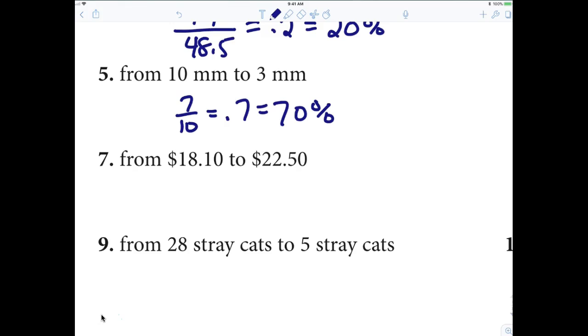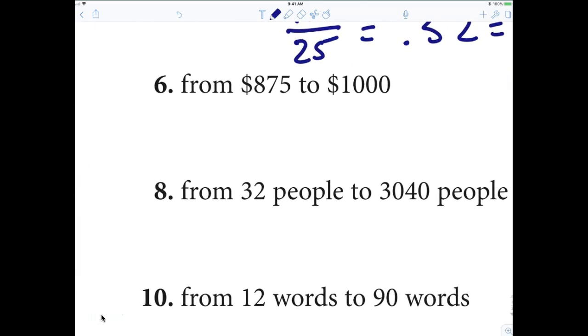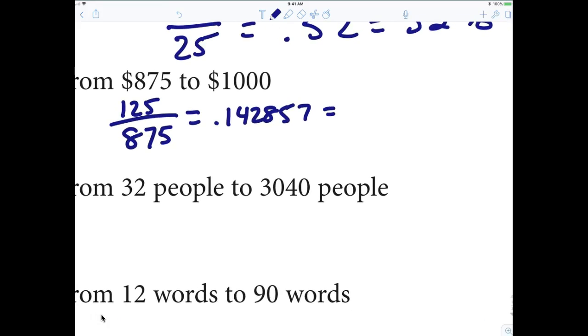So Connor, tell me about number 6, buddy. What will be on your paper? 125 over 875. Perfect. What decimal is that? 0.1428571. Okay, so now we're going to round that to what percent, buddy?